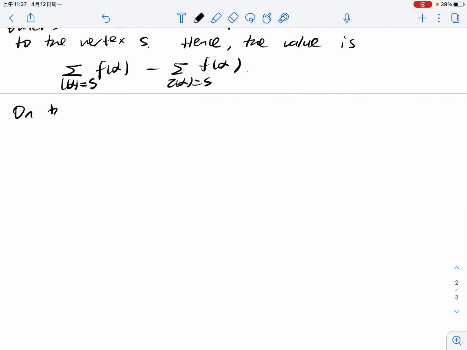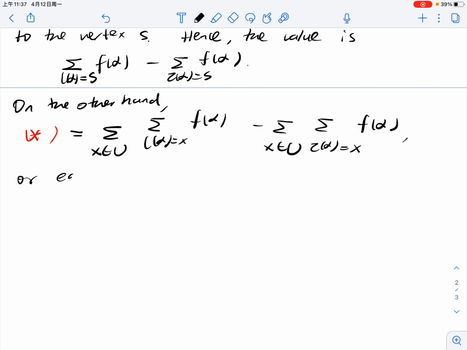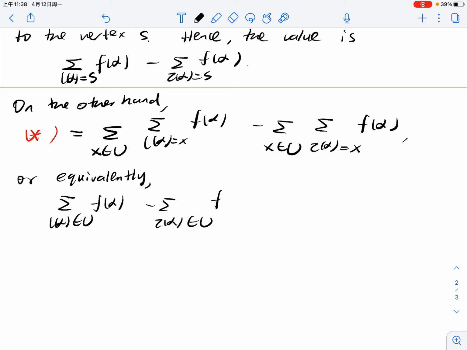Okay, then on the other hand, the star equals the summation over x in U of (sum over initial vertex x of f alpha minus sum over terminal vertex x of f alpha), or equivalently the summation over alpha with initial vertex in U of f alpha minus the summation over alpha with terminal vertex in U of f alpha.